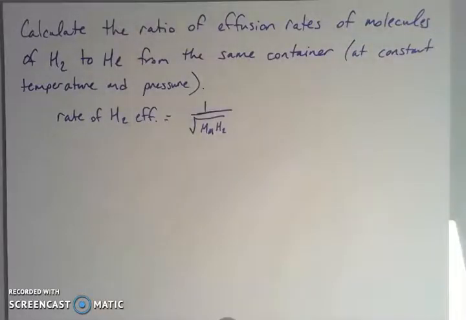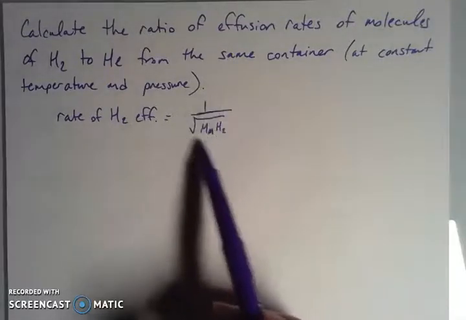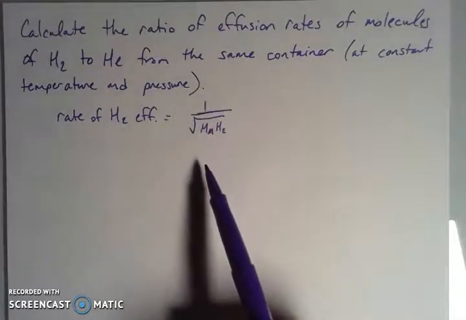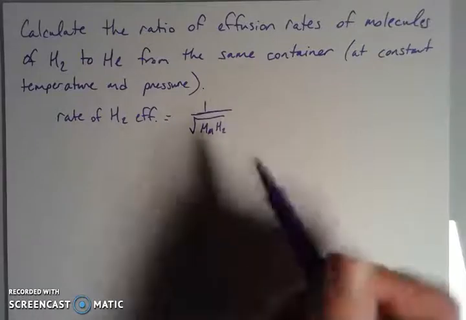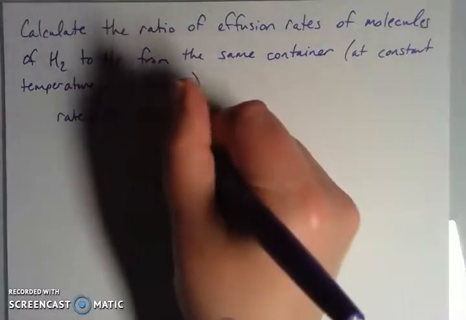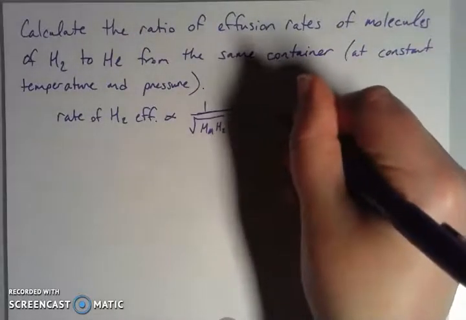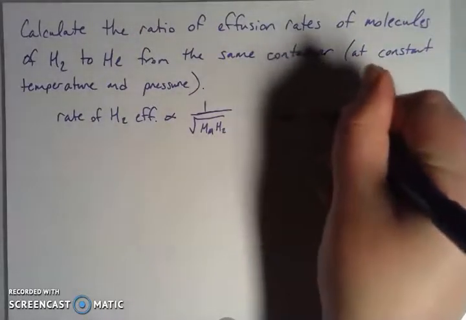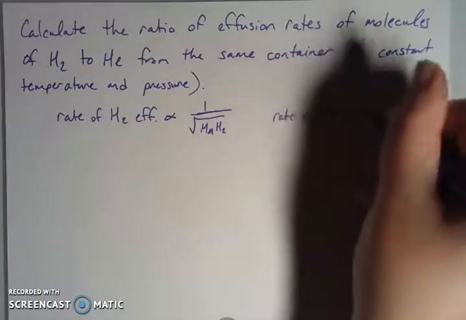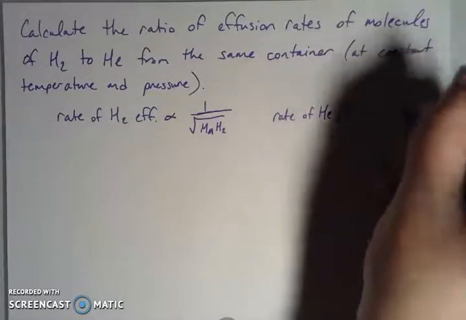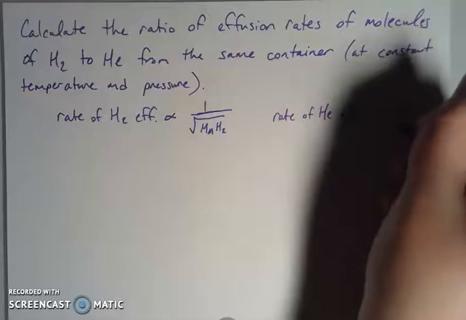Right, so it's inversely proportional to the square root of the mass. That's Graham's law. So there's this general proportionality here, probably more correct to have the proportional symbol. And the rate of helium's effusion is proportional to 1 over the square root of the molar mass of helium.